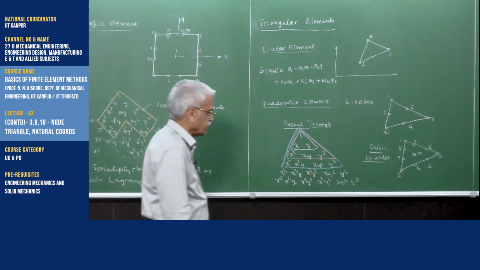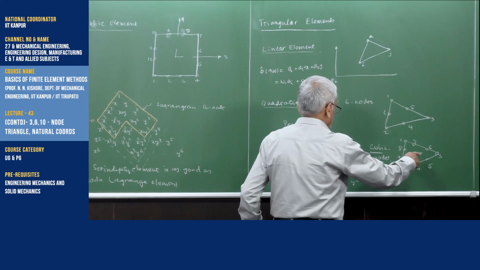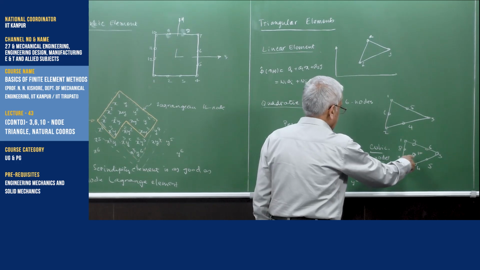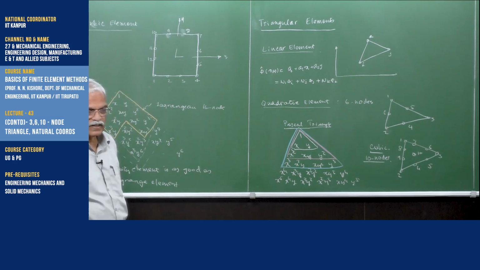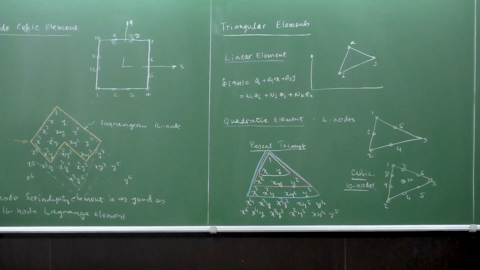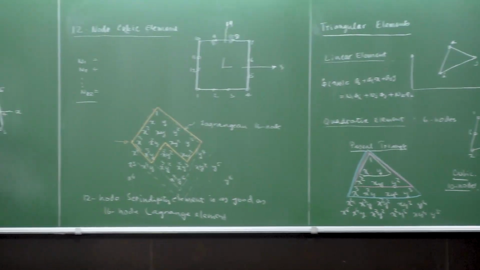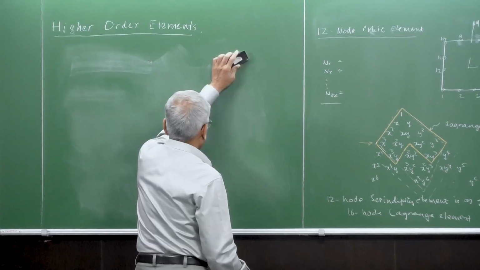We put 12 outside and just 3 inside. So the internal nodes are also not many. This way the triangular element is the most efficient element compared to these rectangular elements.